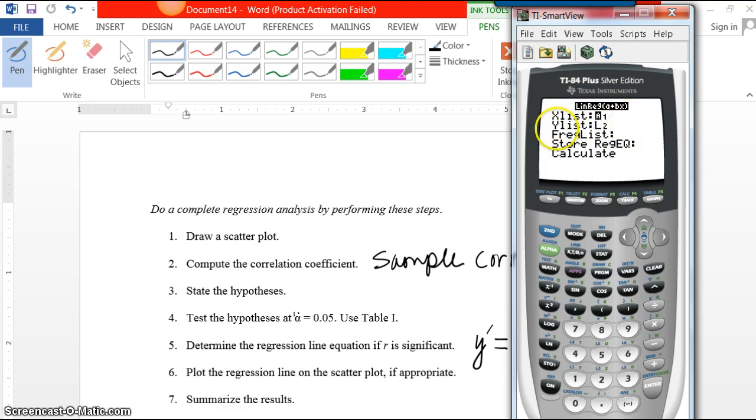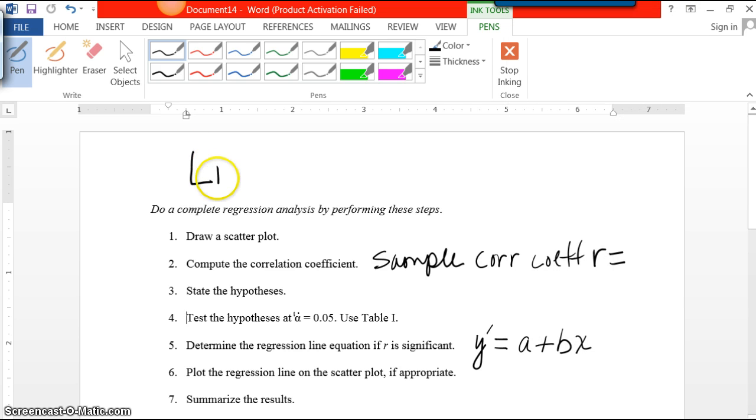Some of your calculators may look slightly different than mine right here. If yours just says LINREG at the top, you may have to tell it list 1, comma, list 2.